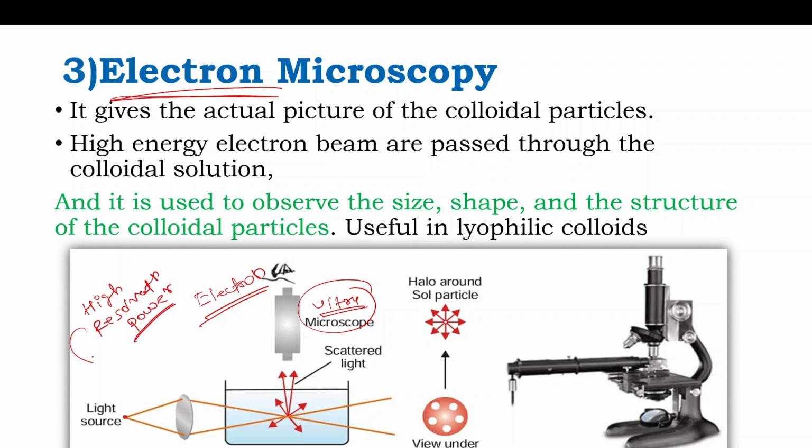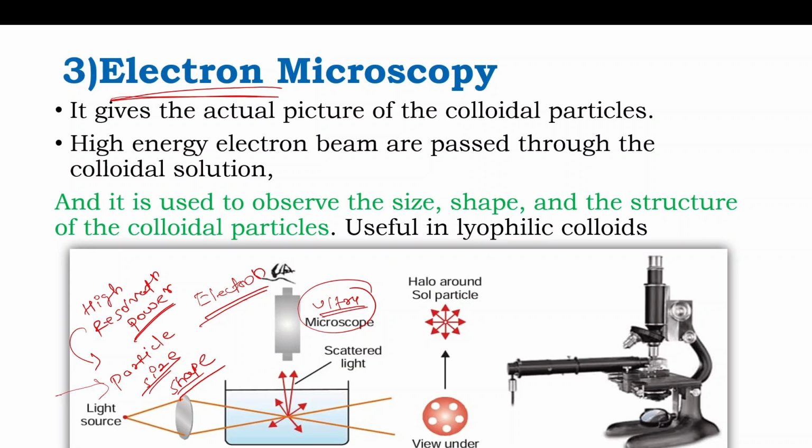Because of their high resolution, we can find the particle size and shape. But in the case of ultra microscopy, we cannot actually determine the particle size and shape. We can only see the particles that appear as bright spots.